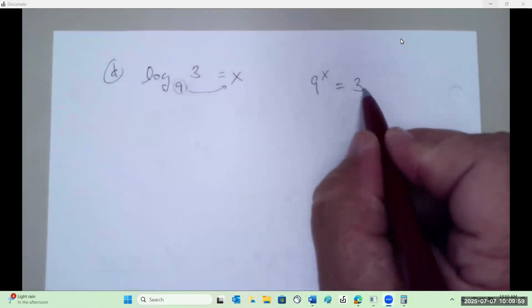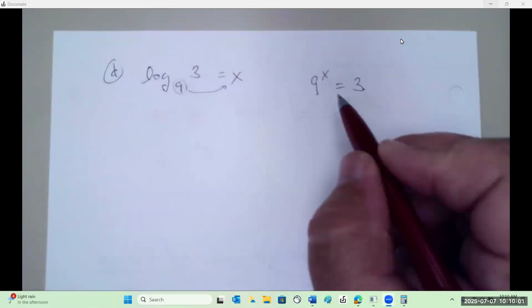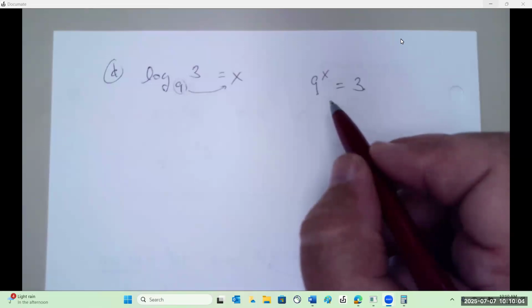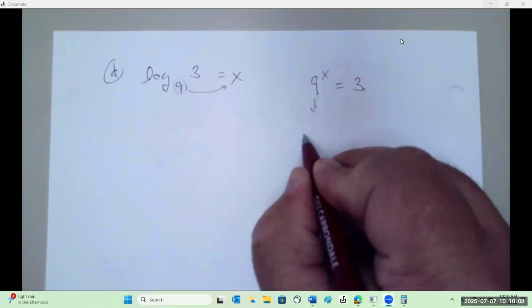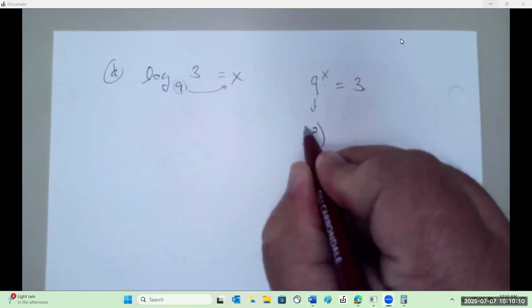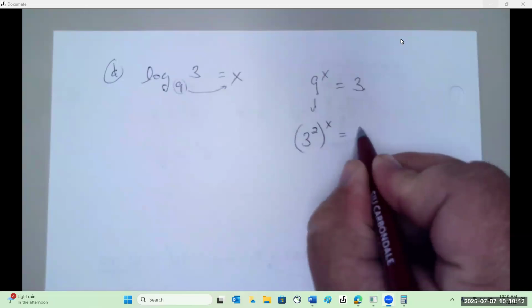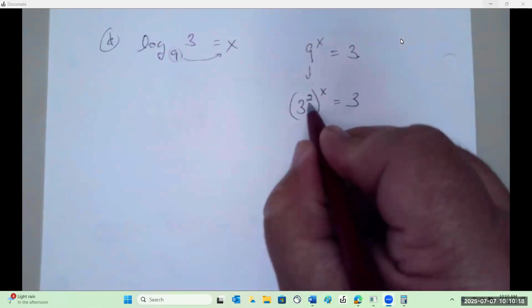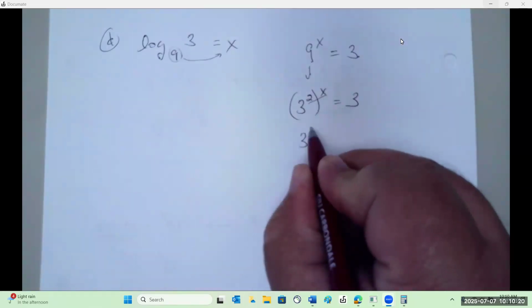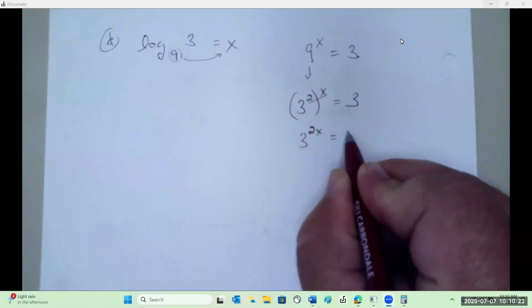We can't increase this one, so what is 9 made up of? 3 times 3. 9 is the same thing as 3 squared. Power to a power you multiply, so it's power 2x.